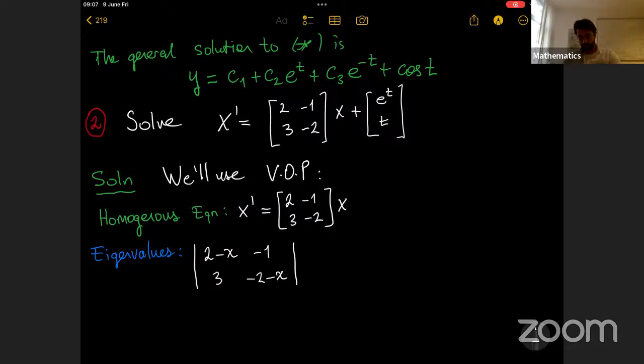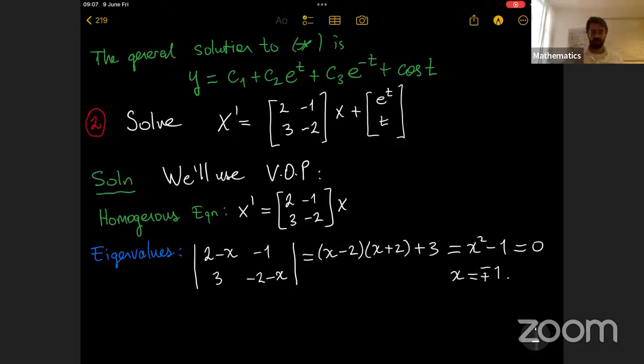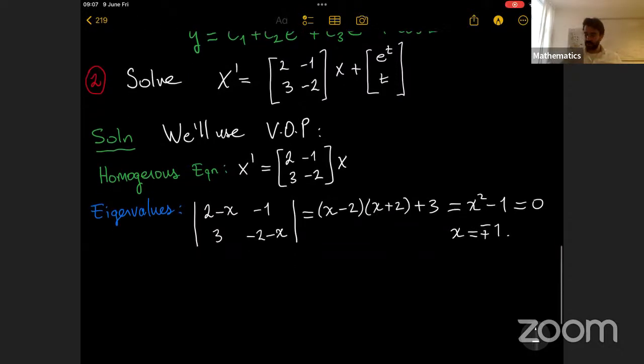And it gives lambda squared minus 1 is equal to 0, which tells you that lambda is equal to plus or minus 1. So we have two eigenvalues, plus and minus 1. Let's find the corresponding eigenvectors.